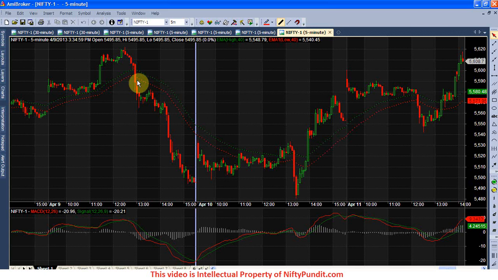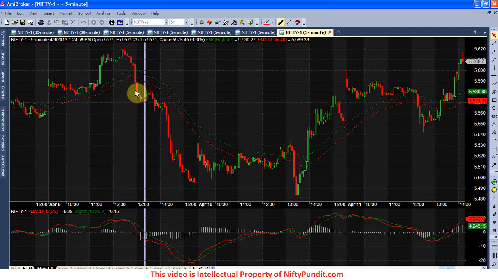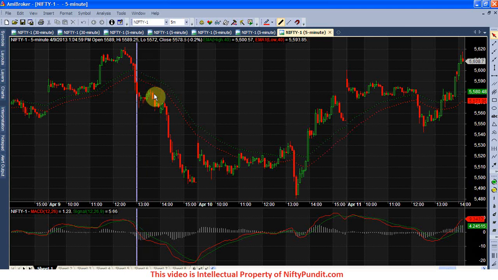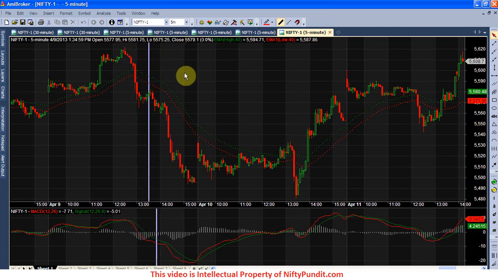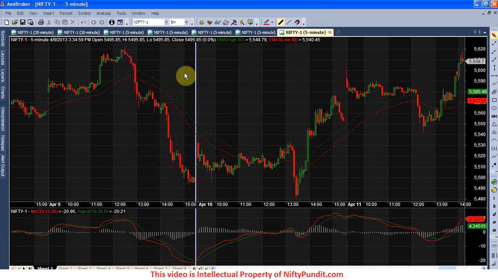So this is 5495 closing price, and a short at 5594, the 40 EMA band where we shorted. So roughly we are going to get 100 points, which is a huge profit.